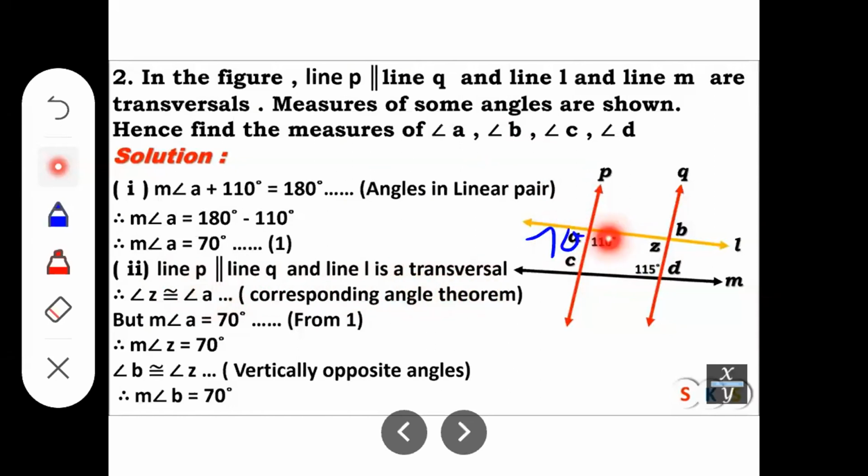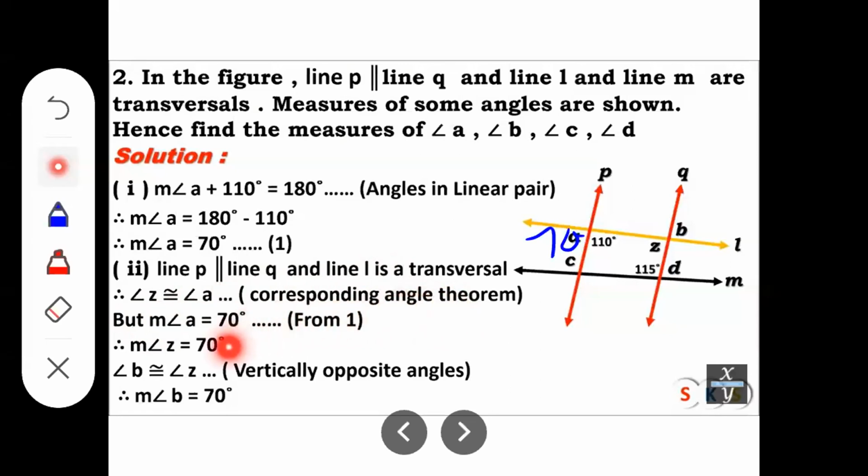Here we take line L as the transversal. Now angle Z is congruent to angle A, as those are corresponding angles. Write the reason here: corresponding angle theorem.